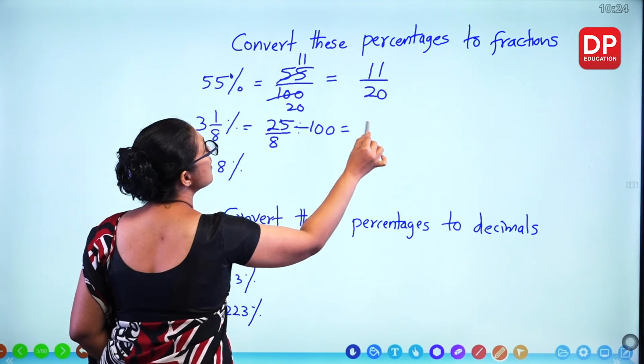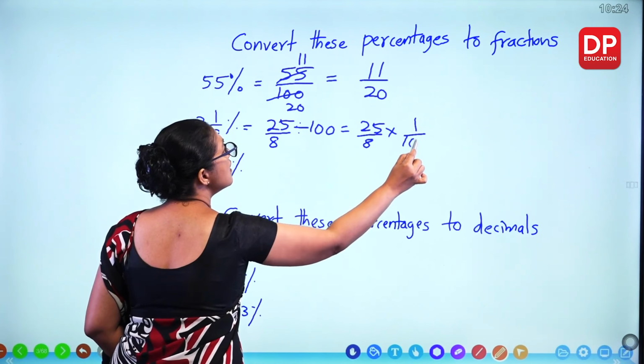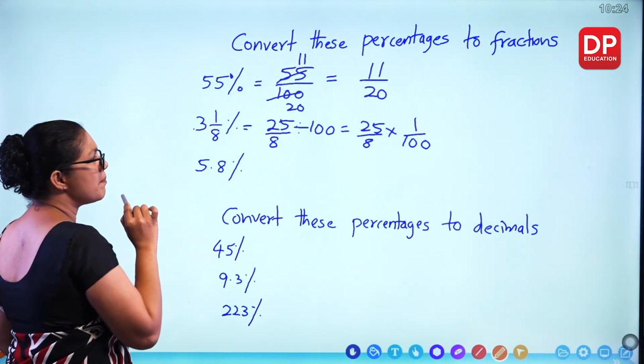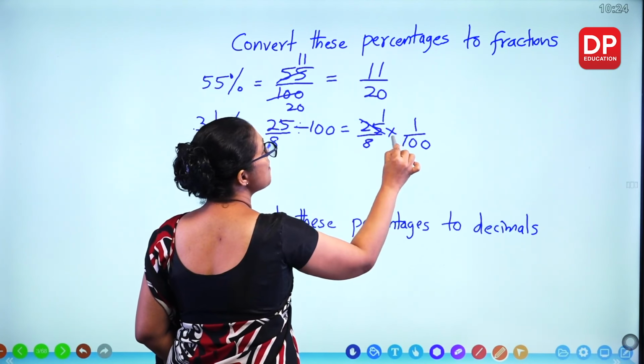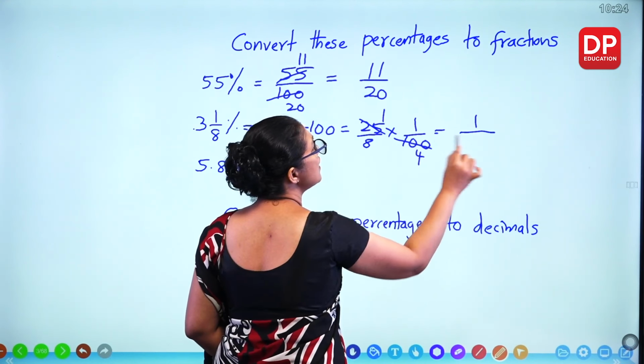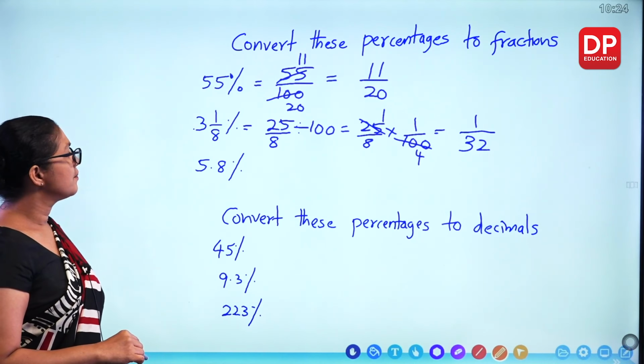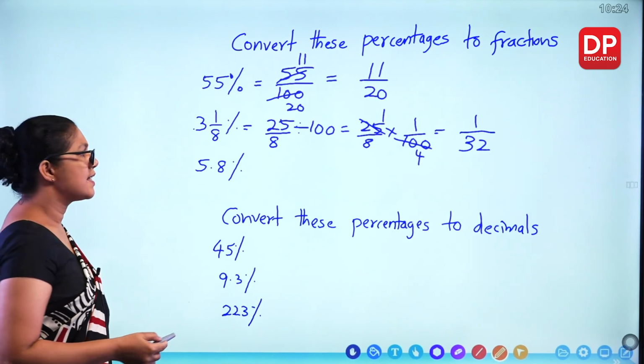Divide by 100 you can write as multiply by 1 over 100. Now simplify. 25 times 1, 25 times 4. You get 1 over 32 as the fraction.